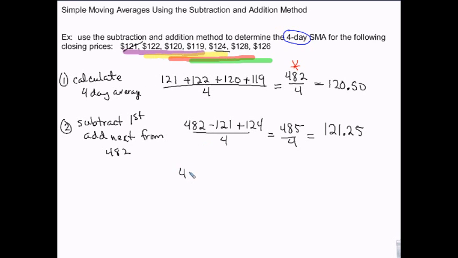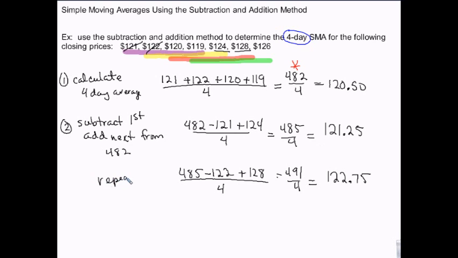So I do 485 minus 122. I take that 122 out and I bring the 128 in. Well, the difference between 122 and 128 is 6. So I'm going to be adding 6 to the 485. And I get 491 divided by 4. And then that was the red.